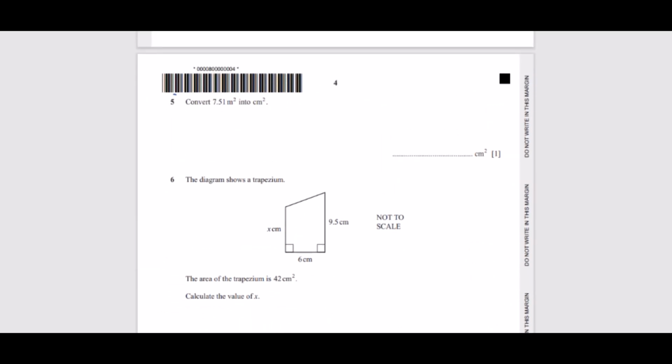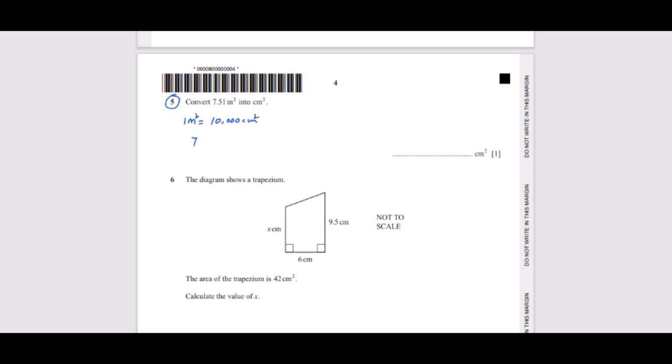Question number 5. Convert 7.51 meter square into centimeter square. Now we know that 1 meter square is equal to 10,000 centimeter square.